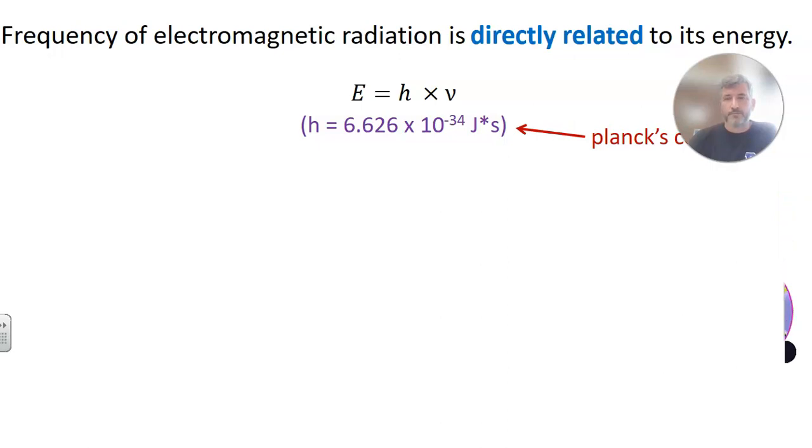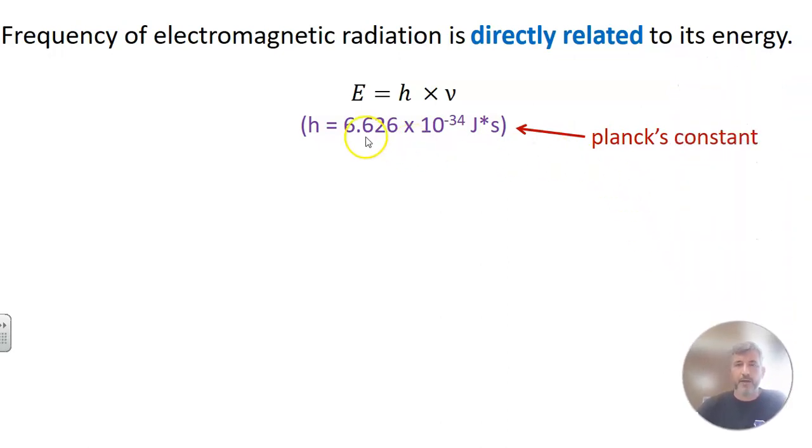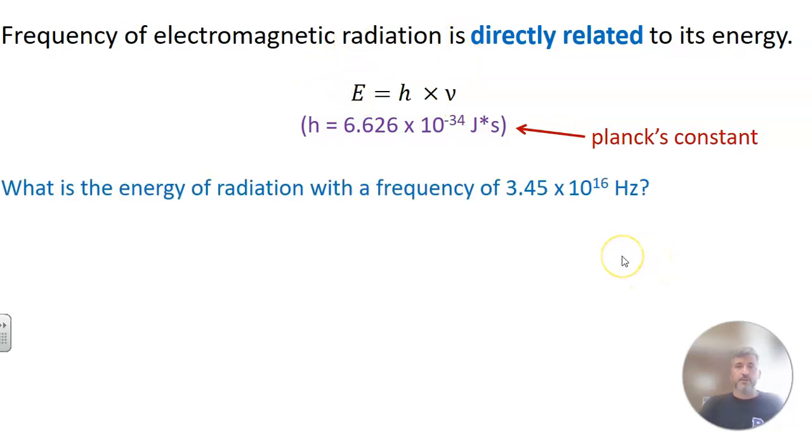And so that number, 6.626 times 10 to the negative 34 joules times seconds, is what relates energy to frequency. But because we're multiplying these two, that means that, because energy is on the other side of the equal sign, as frequency goes up, energy has to also go up. So they're directly related.